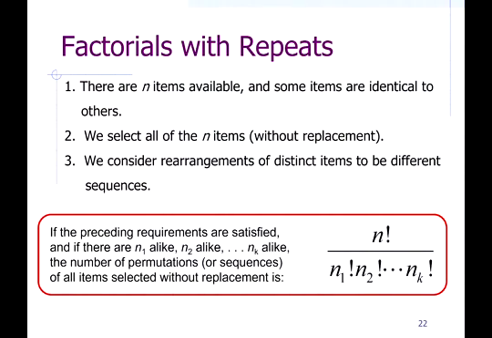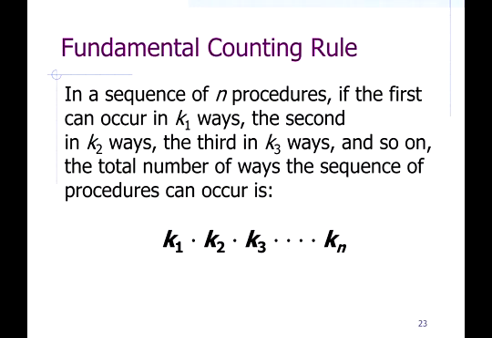Okay, and this just sort of ties together everything that we were just talking about. Now, moving on, the fundamental counting rule. So let's say you have n objects, but you don't use all of them.